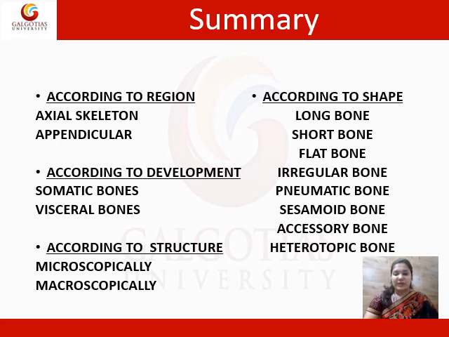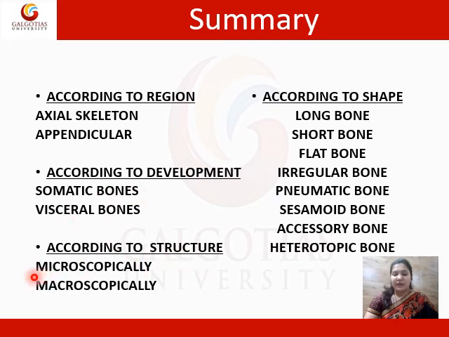In the summary of this whole class, we discussed that bones are classified in a number of ways: according to region, according to development, according to structure, and according to shape. But the classification according to shape is the major type of classification. According to region, the skeleton system is classified into axial and appendicular. According to development, the bone is classified into somatic and visceral.